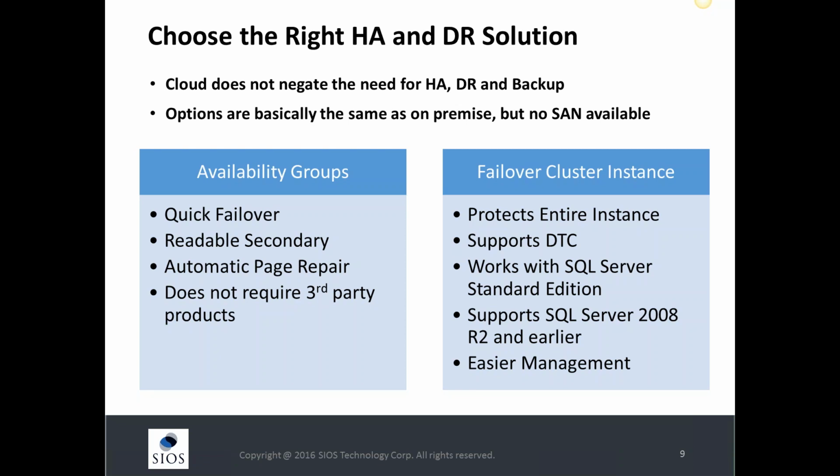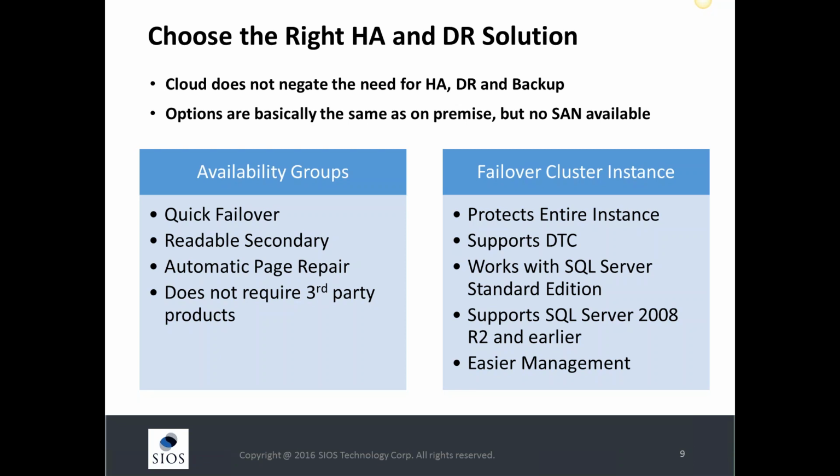So if your application requires support for distributed transaction coordinator, failover clustering is the only way to go for a high availability solution. It also works with SQL Server Standard Edition. So SQL Server Standard will support a 2-node failover cluster, so it gives you high availability at a fraction of the cost.